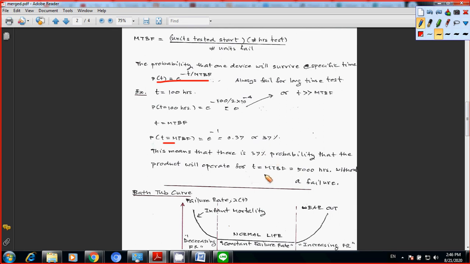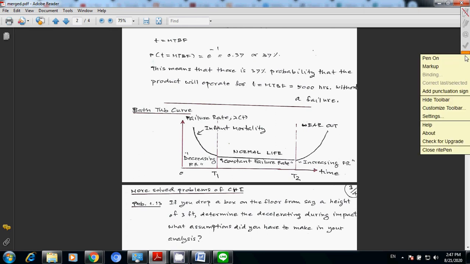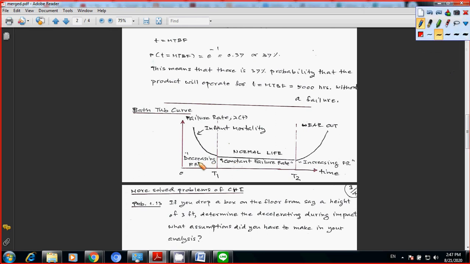Now you're probably familiar with the bathtub curve, so just take a quick look. What does this mean? Well, you have 3 regions of operating time. You have t from 0 to t1, t from t1 to t2, and t greater than or equal to t2.